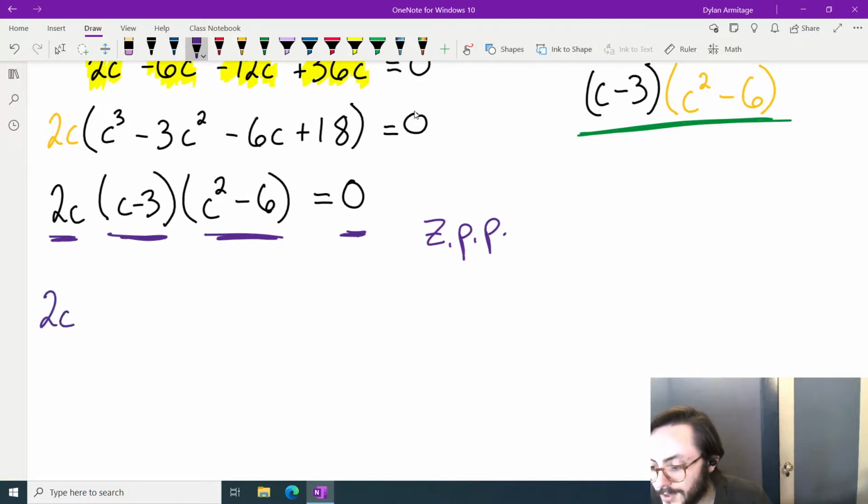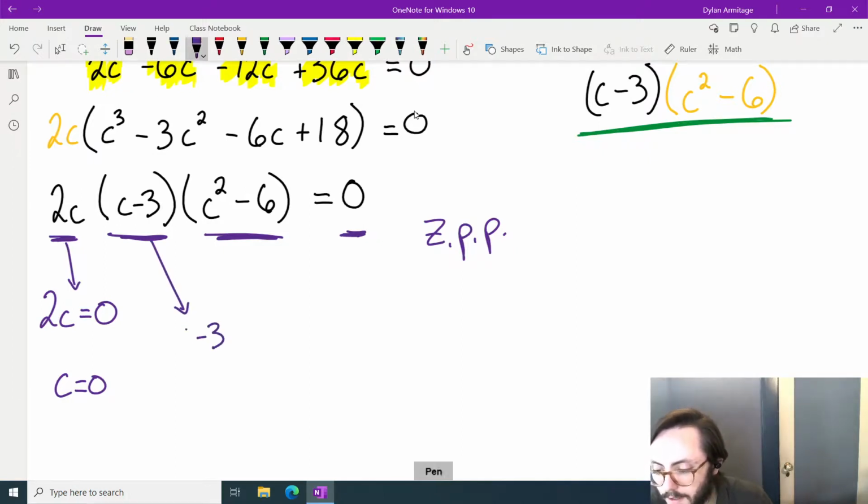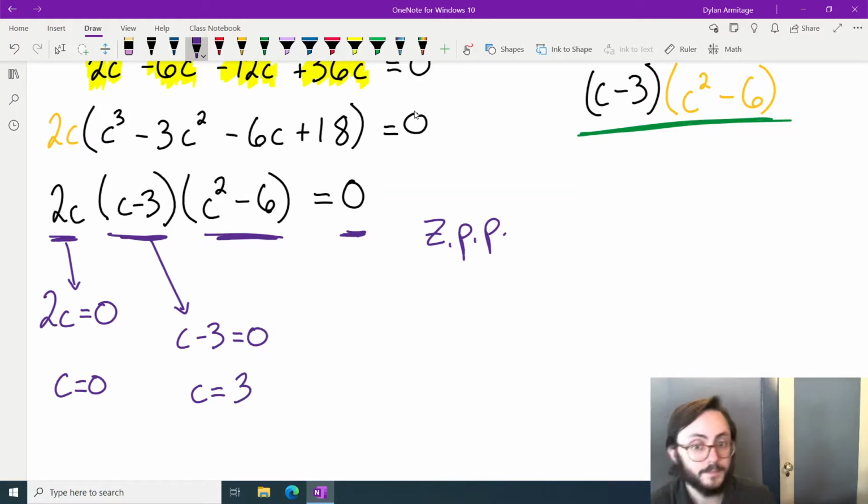So our zero product property. We have 2c equals 0, which would mean that c equals 0. We can have c minus 3 equals 0, in which case c would be equal to positive 3. And over here, our last one, c squared minus 6 equals 0.